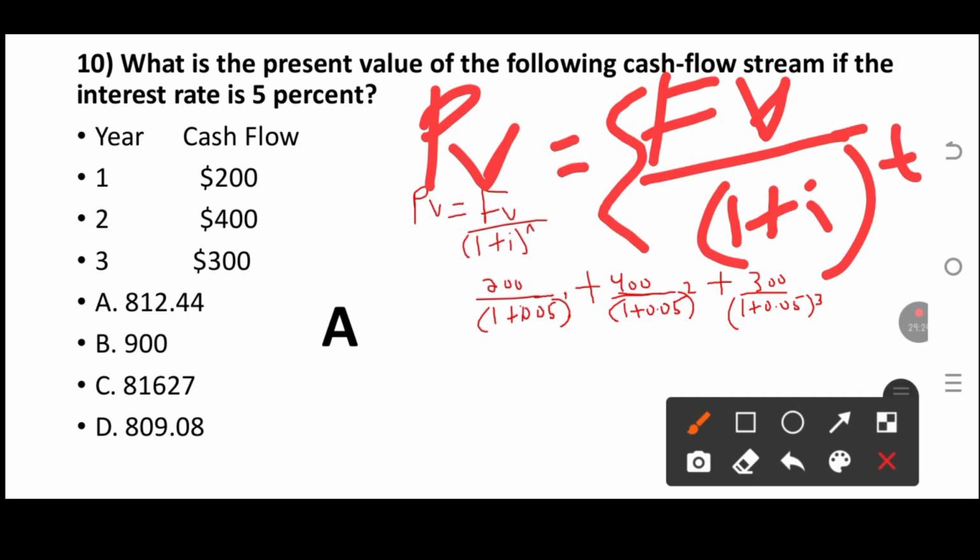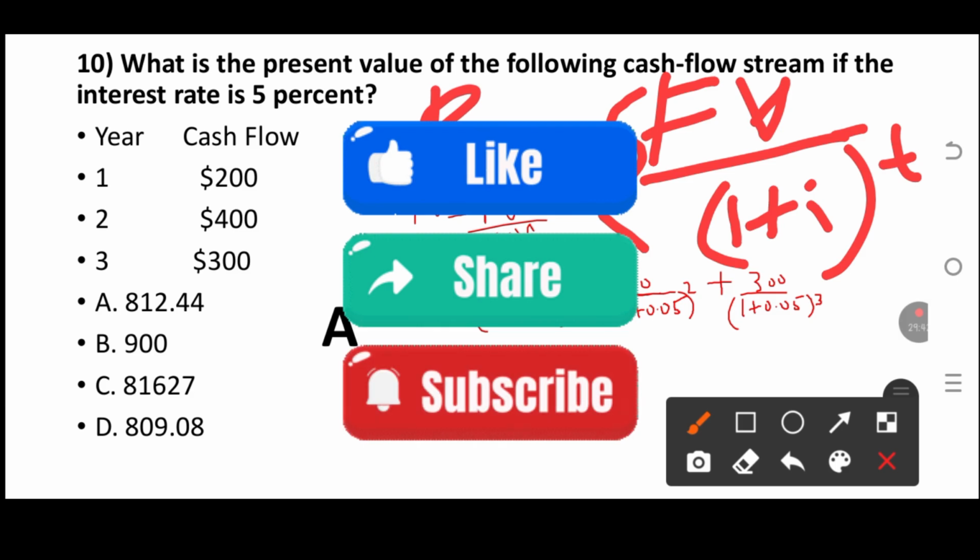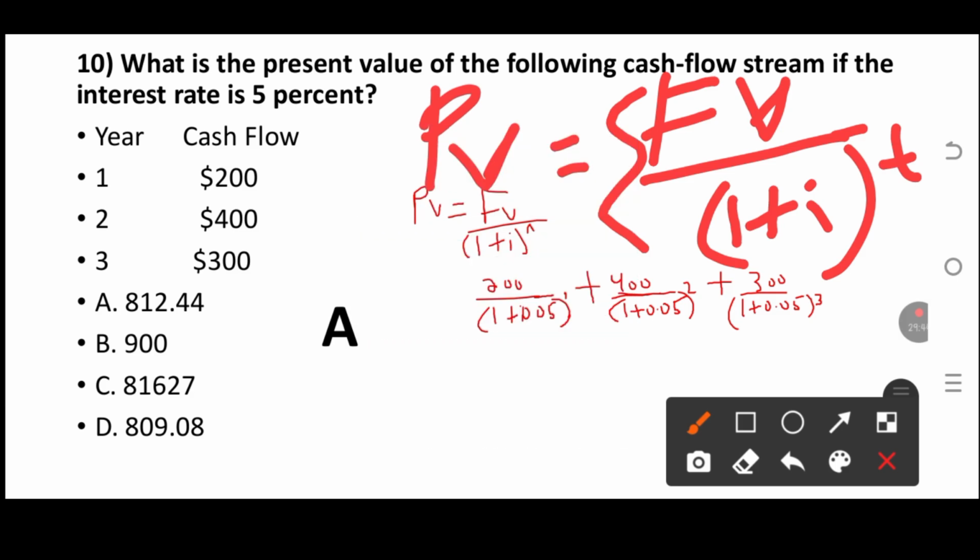For this formula, the cash flows of 200, 400, and 300 are divided by 1 plus the interest rate. The interest is 5%, which means 0.05. We have 3 years: the first is to the power of 1, the second to the power of 2, and the third to the power of 3.